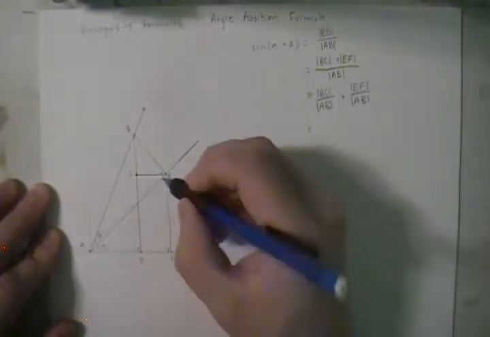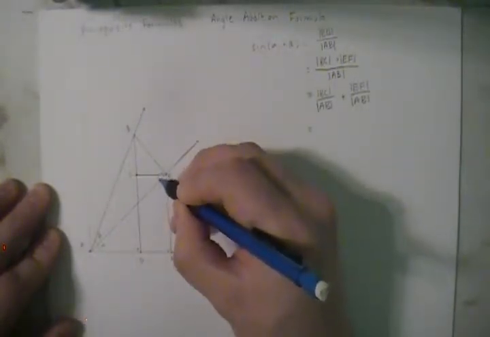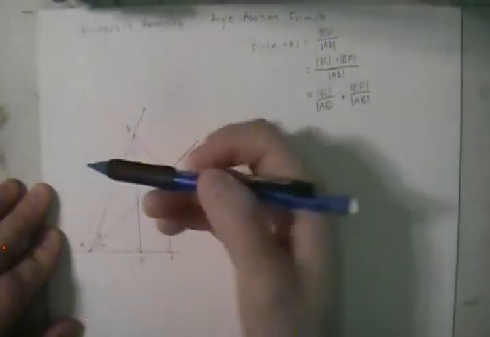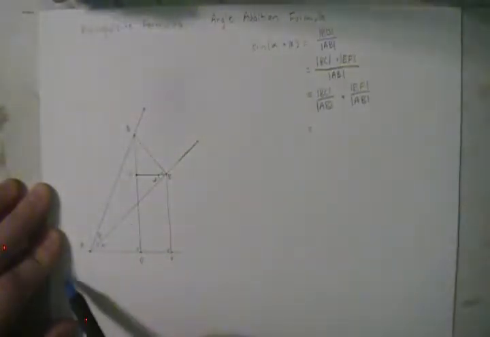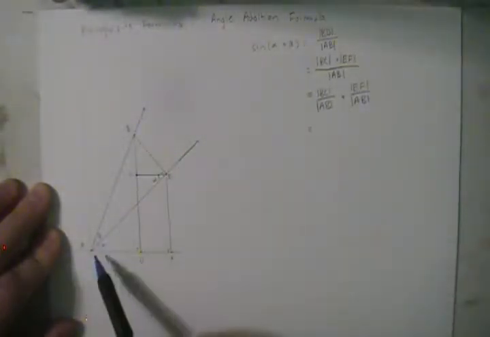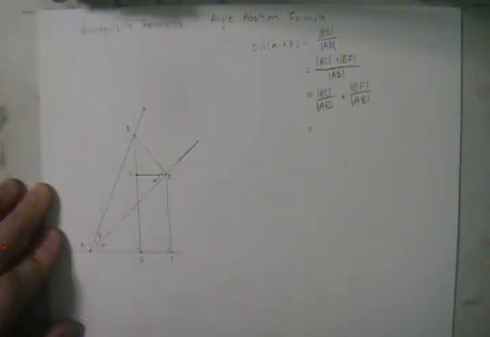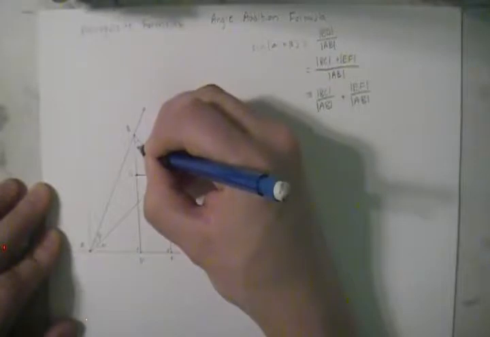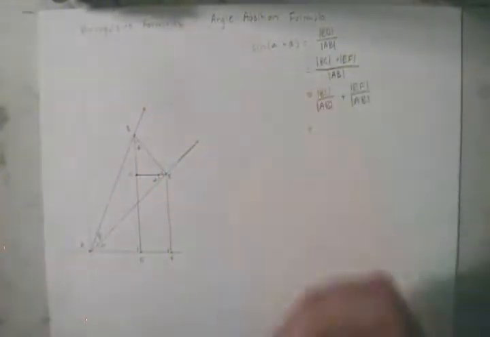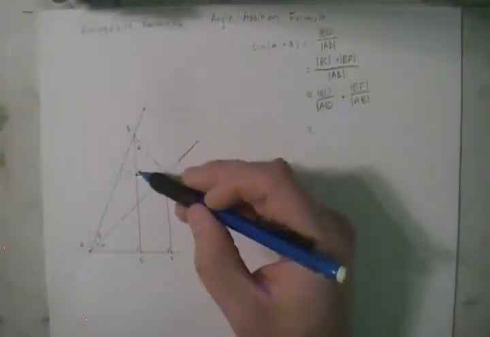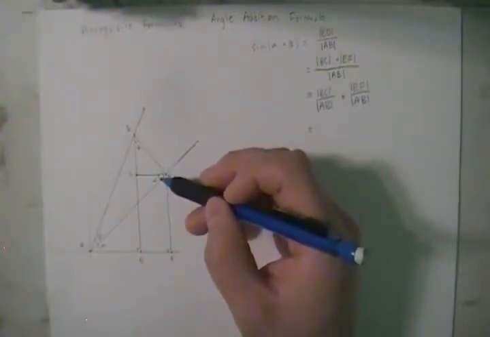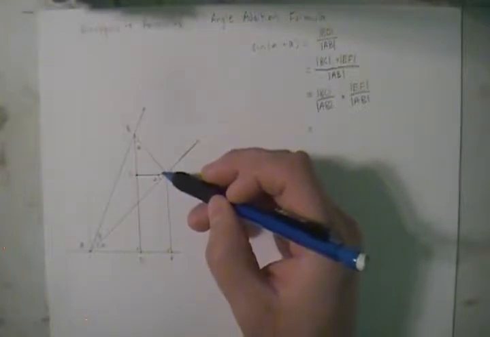If you notice, this angle here is going to be alpha as well, because since we have two parallel lines and an intersecting line, the alternate interior angles are equivalent. And then this angle here is also going to be alpha as well, since this is a right triangle and these two angles here are common, so they have to add up to 90 degrees as well.